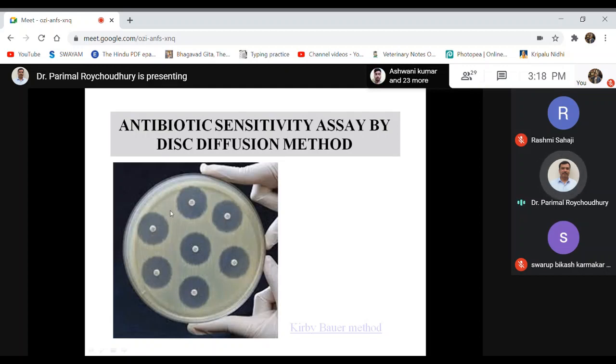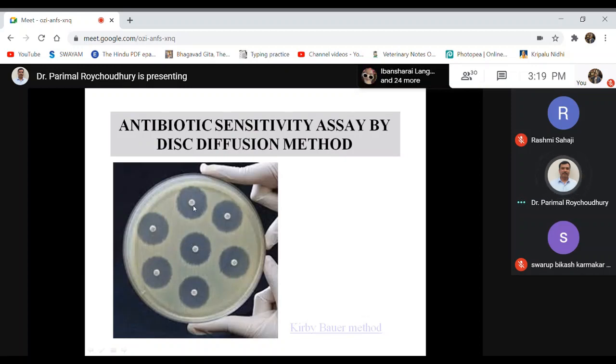So we don't incubate without adding antibiotics. We spray the bacteria on the agar surface, and then we immediately place some antibiotics impregnated in paper discs. These are round paper discs soaked in a definite concentration of different types of antibiotics, and we place them at regular intervals on the surface, and then we incubate the plate.